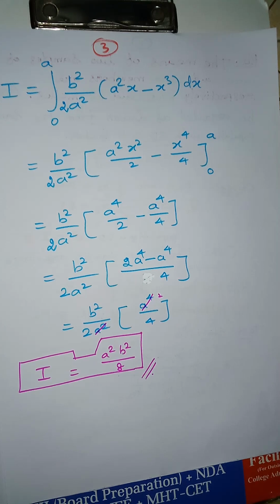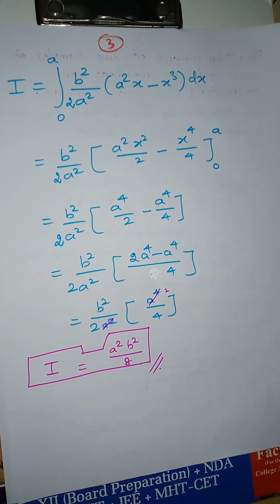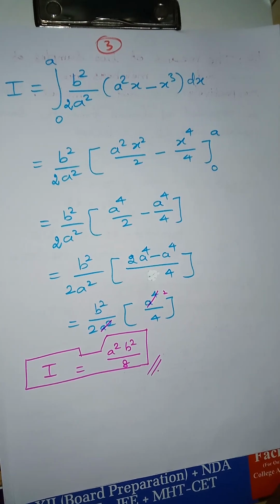So what does it mean? I take the x into the bracket, so multiply with the two terms. A squared will be a squared x, x squared will be x cube, isn't it? Now b squared by 2a squared can be taken outside, and integrate the two terms. A squared x will be a squared x squared by 2, and the last one, x cube, will be x power 4 by 4. So the common limits are 0 to a, isn't it?